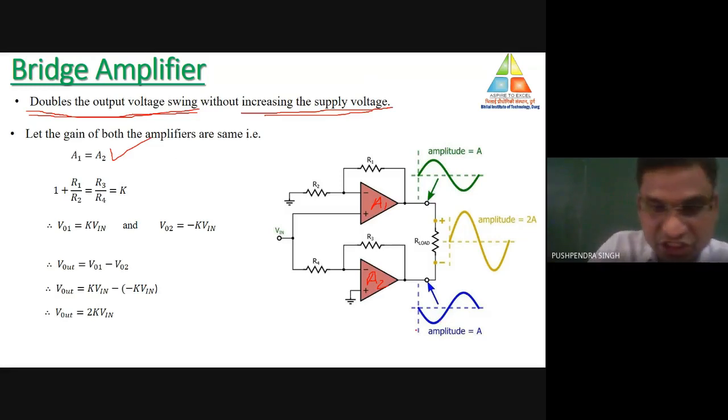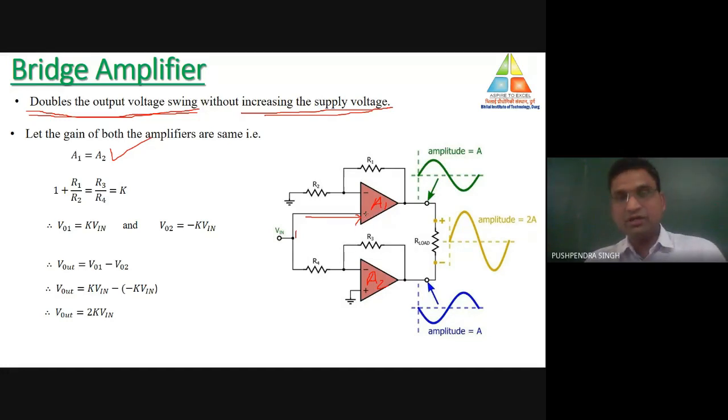Now what is the connection of the circuit? Here you can see that the input supply is connected with the positive terminal of the upper operational amplifier. If the input signal is applied at the positive terminal of the op-amp, then it becomes a non-inverting operational amplifier.